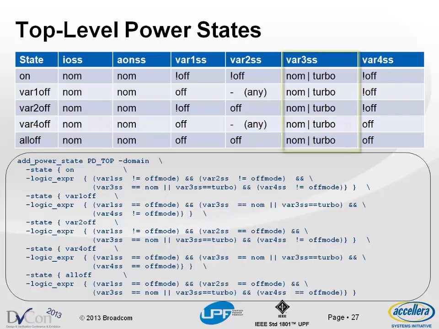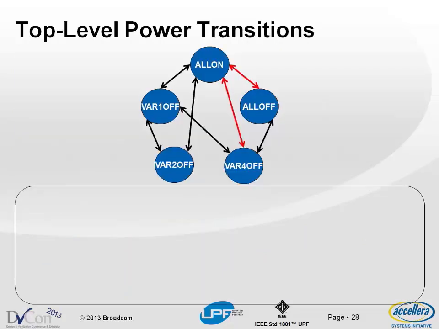So you could declare anything other than this or this to be illegal and therefore reduce the number of combinations you need to supply. So pretty much the contention is between var1, var2, and var4, which could have different combinations. And that's how you simplify your system-level power state and you get to a more reasonable, readable kind of power state table.